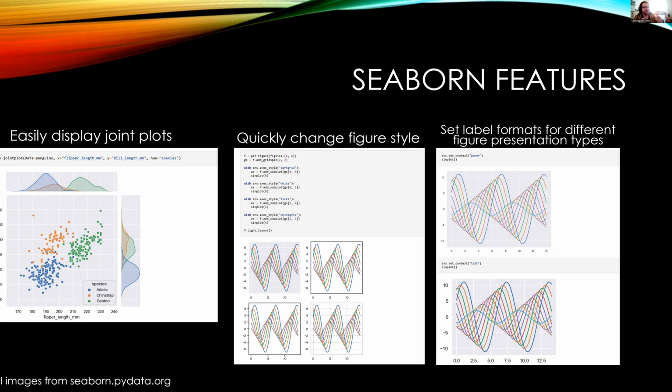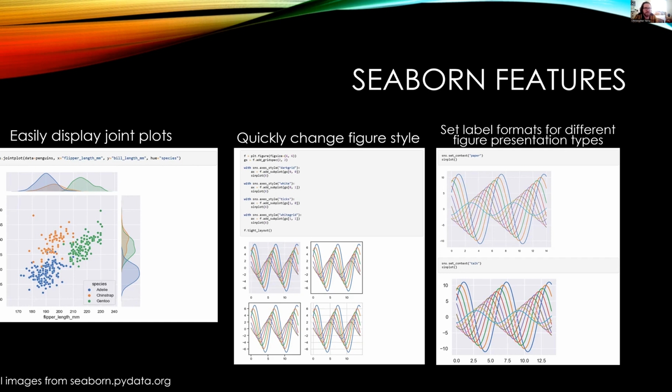So it can automatically start to interpret what your headers are, how your data is configured and stuff like that. Like I said, you can quickly change the style of the figure. If you want to suddenly go from complete white background to kind of a dark grid, it's just one line of code. There you go.